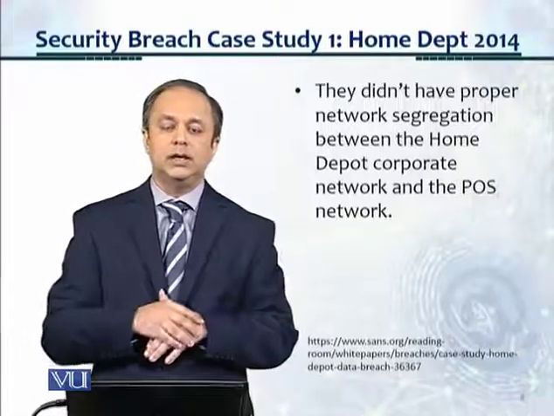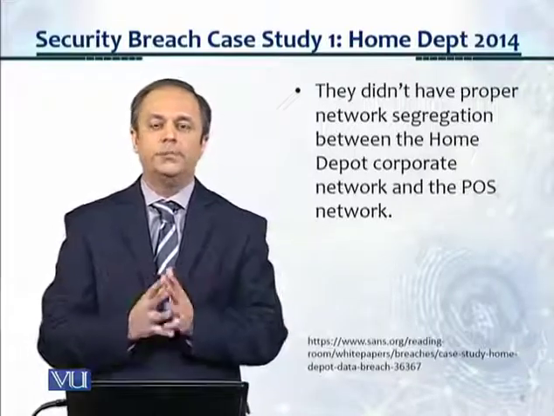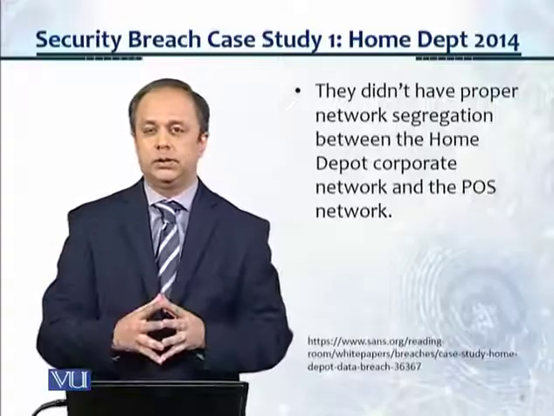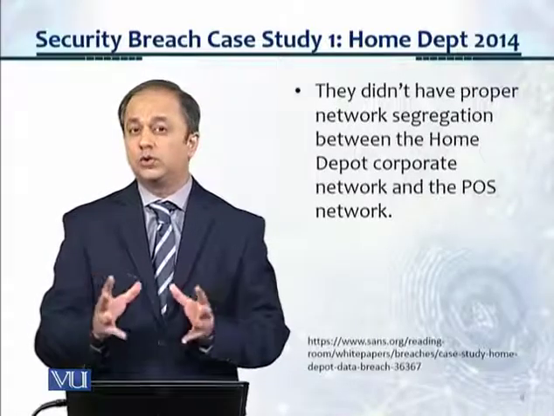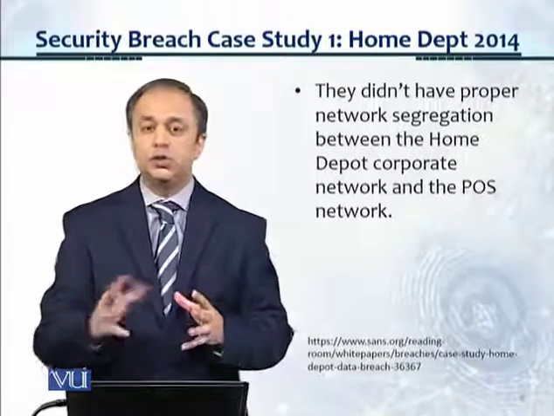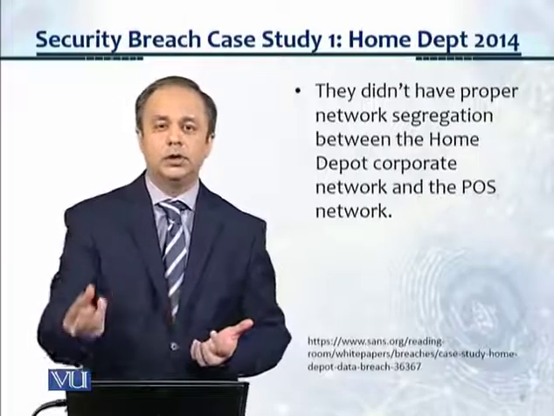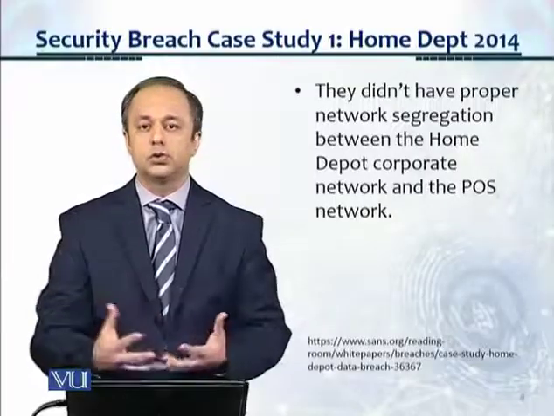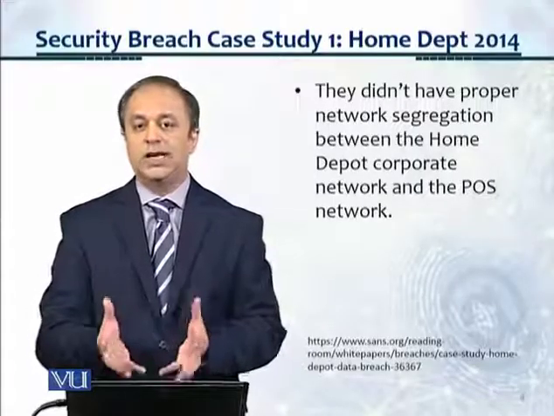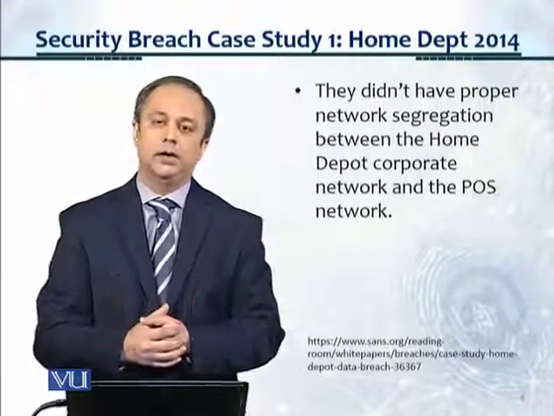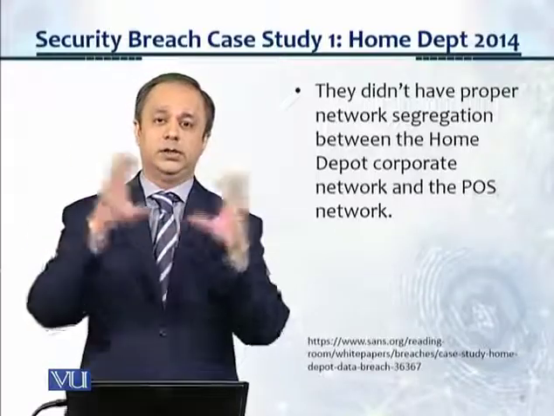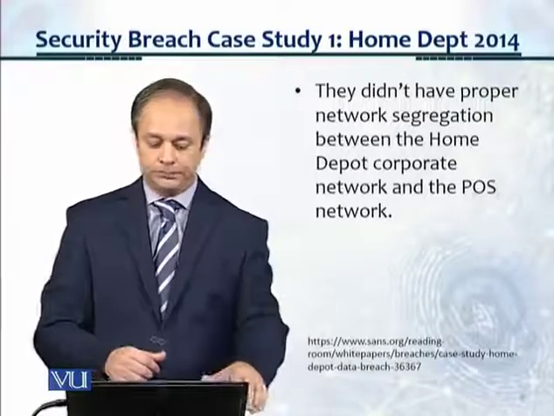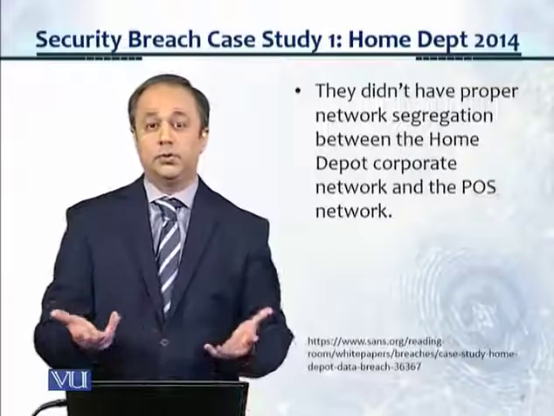So what we're seeing here is that in the Home Depot network, which was a retail environment, the security controls were really missing. And we've just mentioned two or three: a secure configuration, the network segregation, and there were a lot of controls that were missing. And you can just tell that if these controls were not there, then there must have been other controls also which were not there. And one of them, obviously, we're referring to scanning.